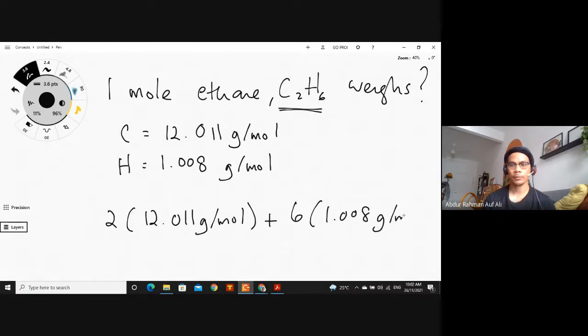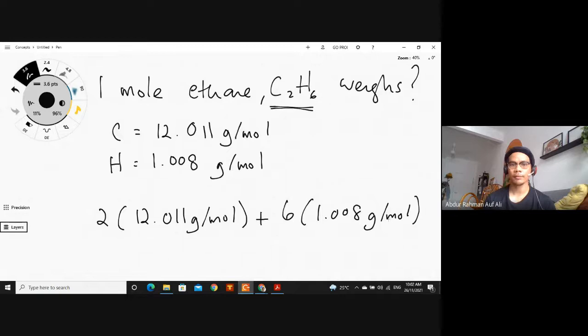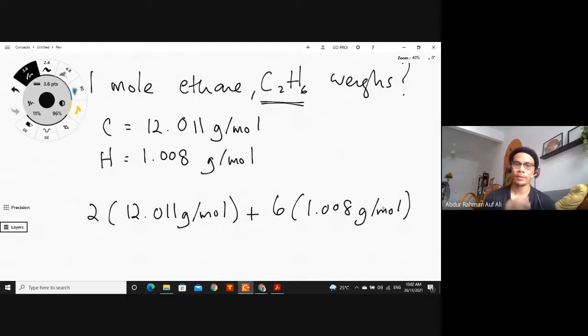gram per mol. So I want to stress here, every time kamu perform calculations in chemistry, kamu biasakan tulis unit dia. In this case, berat satu atom 1 mole of carbon adalah 12.011 gram per mol. Hydrogen 1.008 gram per mol. Biasakan tulis unit.